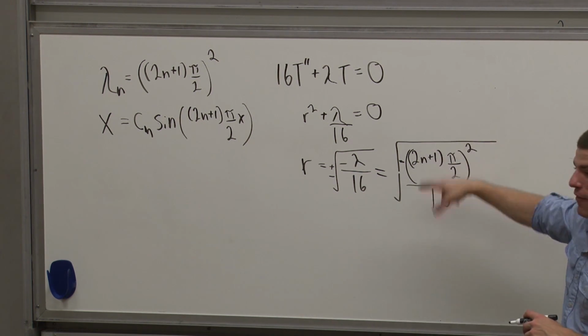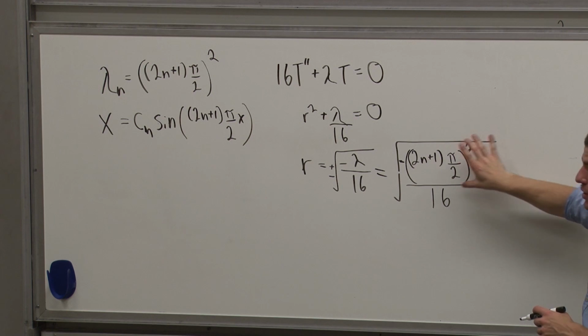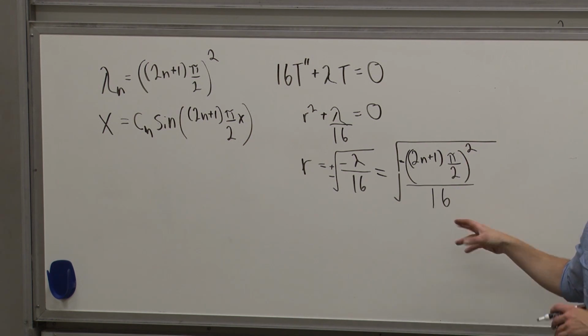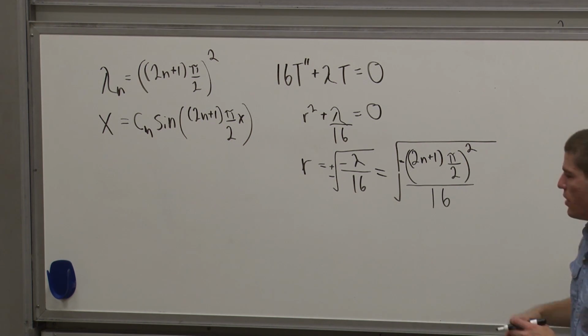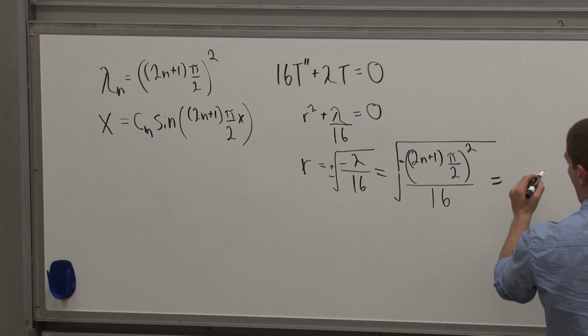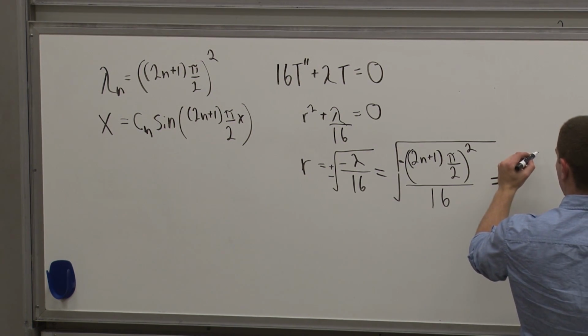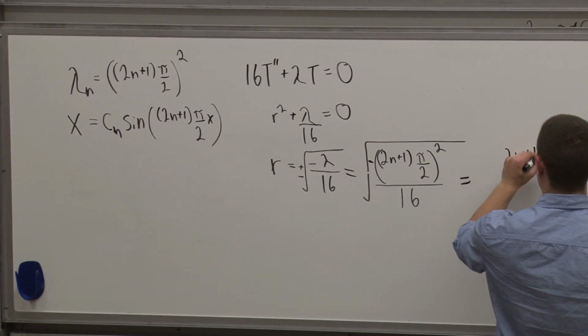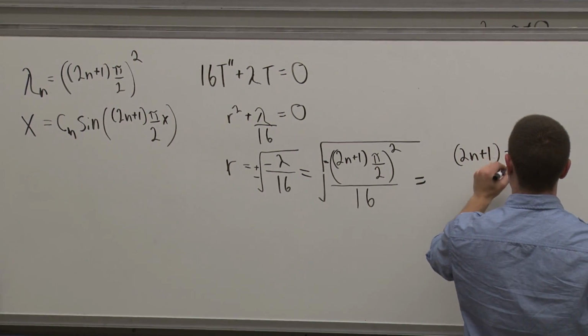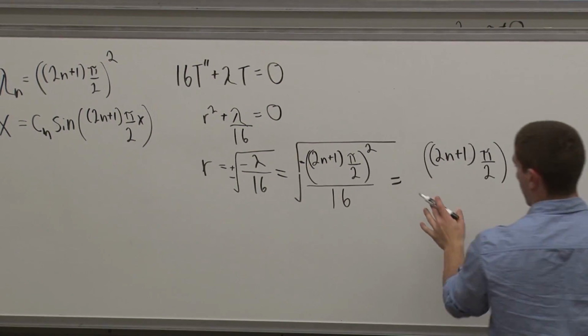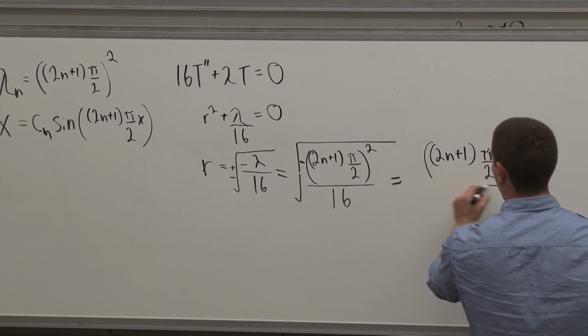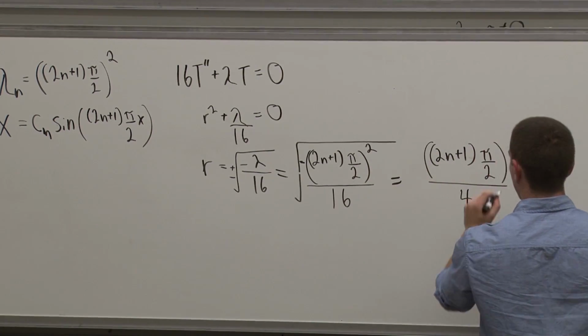If we square root everything, that's the same as square root in the top and square root in the bottom, because we're dealing with division and multiplication. So we can rewrite this as 2n plus 1 pi over 2, that whole thing, because you're square rooting the square, over 4i.